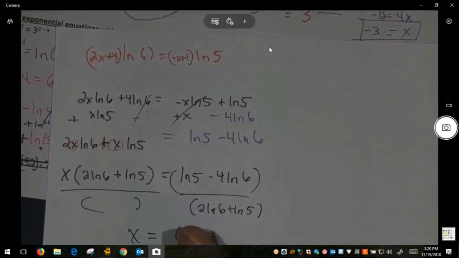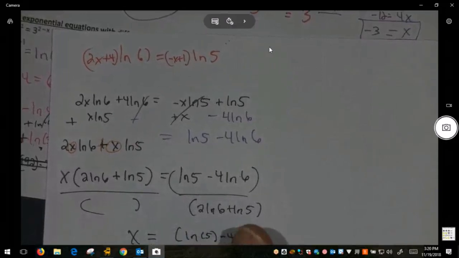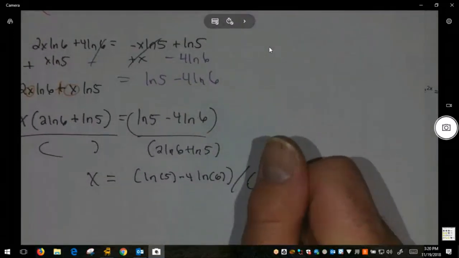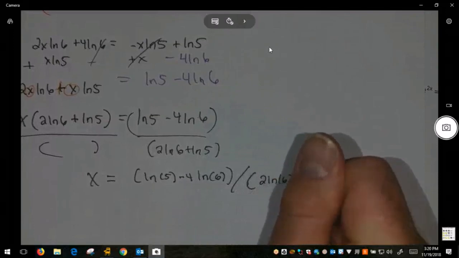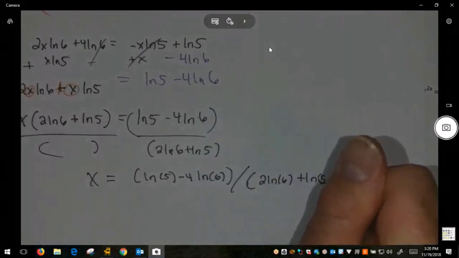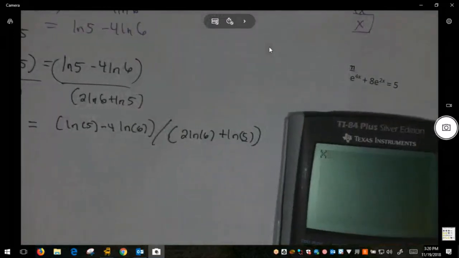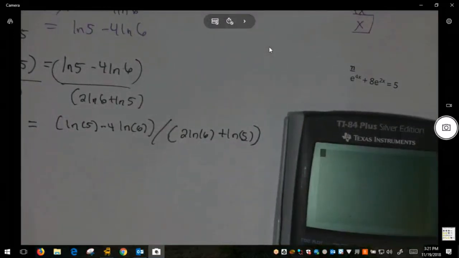Natural log of 5 minus 4 natural log of 6 divided by, in parentheses, 2 natural log of 6 plus natural log of 5, close parentheses for the denominator. So that's exactly how I'm going to type it in the calculator.